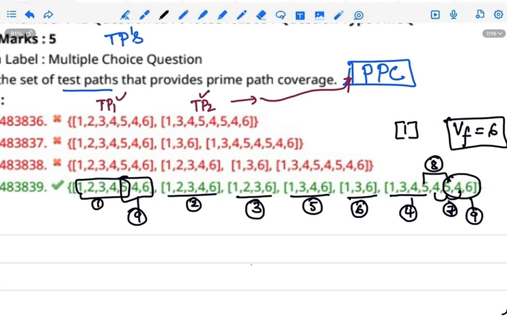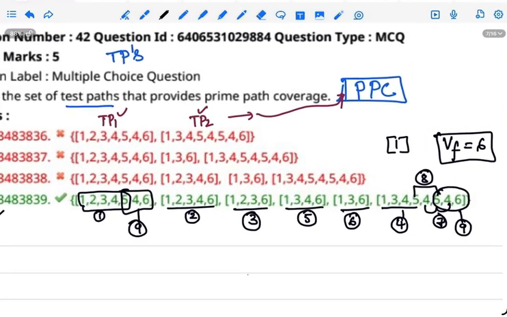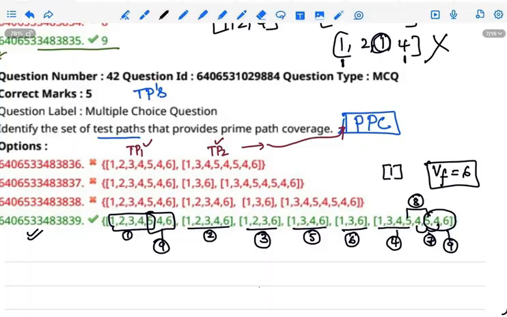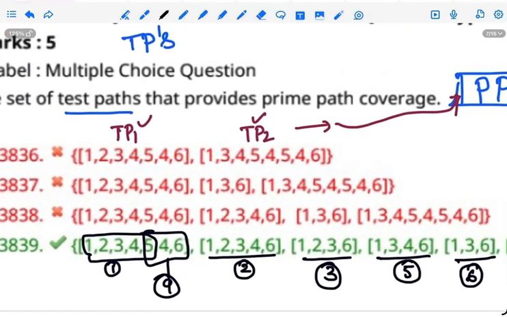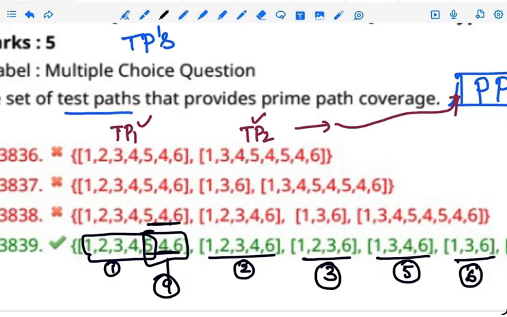So we will check which of the other options are not covered. In the other options, 9 is covered, 5 4 6 is there. Here also 5 4 6. So in option C, 9 is covered. Next 1 2 3 4 5 4 6, this is similar, right? 1 is covered.